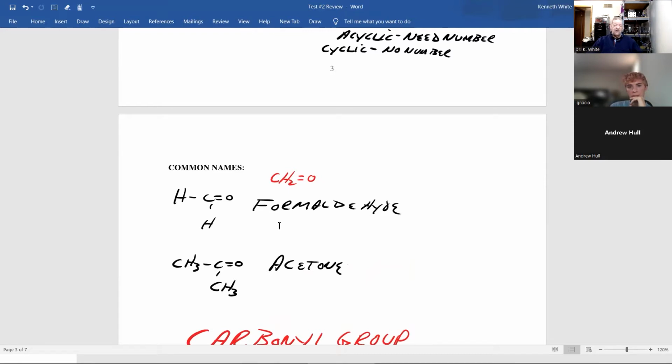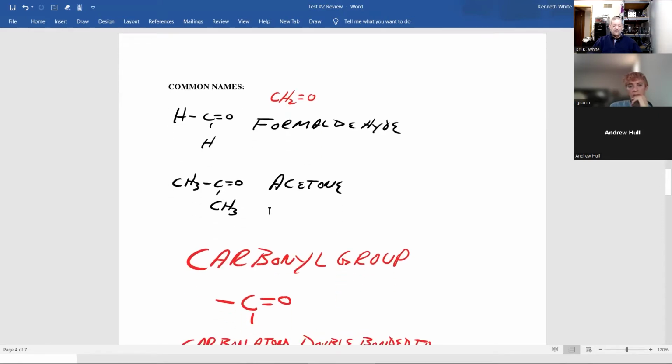My last US patent, I used formaldehyde, but it's got to be used safely. Formaldehyde is the simplest aldehyde when R is a hydrogen. Now, the simplest ketone, when R and R prime are methyl, is acetone. And acetone, nobody ever calls that molecule 2-propanone. Acetone, I don't know how it ever got the name acetone, but it did eons ago.